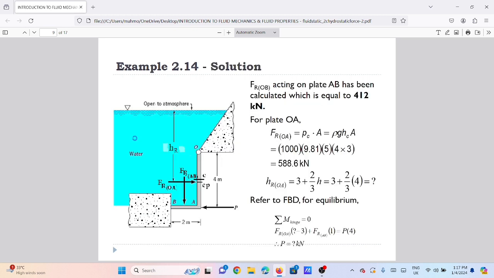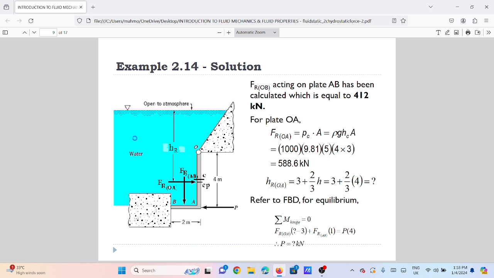So this is the step of calculation. FR for plate AB has been calculated, which is equal to 412 kilonewton. For plate OA, FR is equal to pc times A, so rho g hc times A, which is 1000 times 9.81 times 5 times 12.